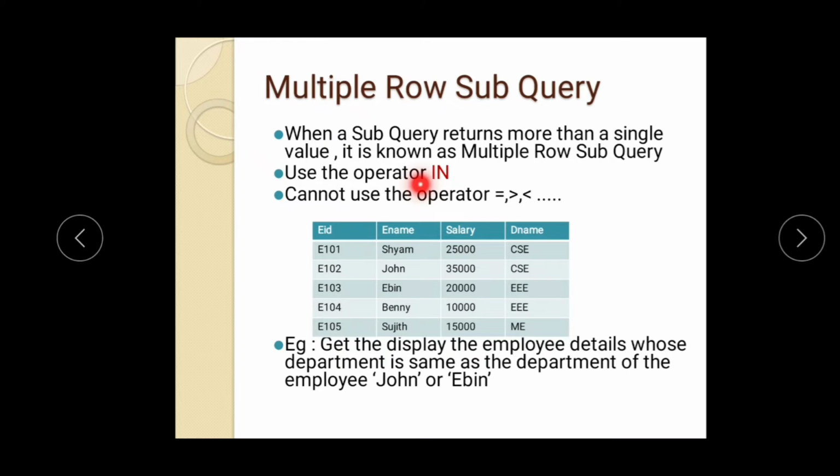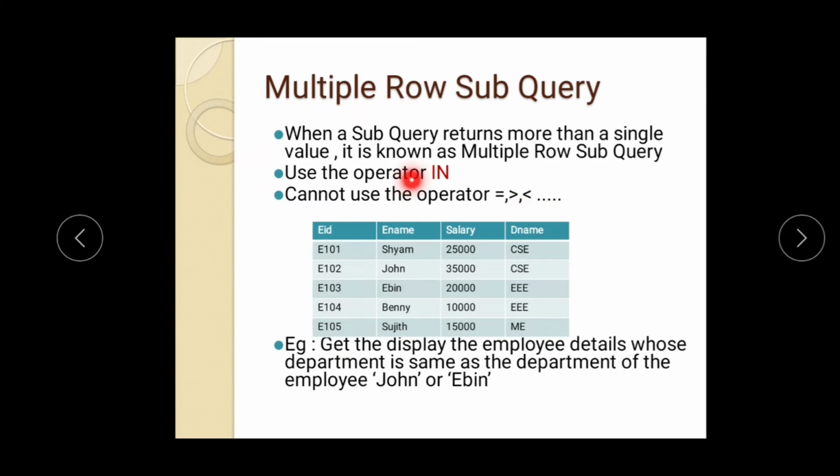In that case, what can we do? The concept is the same, and the only difference is that for connecting the inner query and the outer query, we use an operator called IN. Previously, we used relational operators like equal to, greater than, less than, greater than or equal to, less than or equal to.